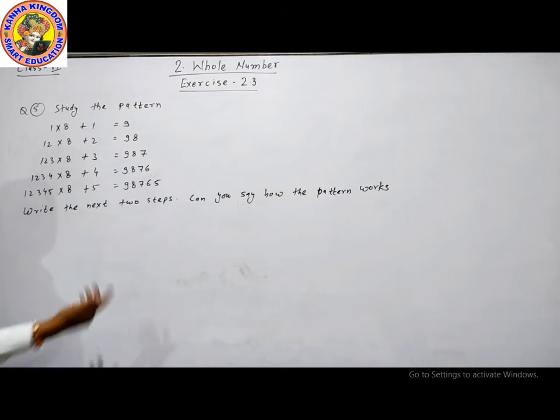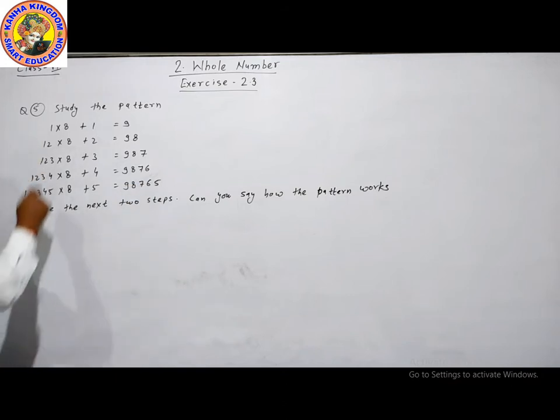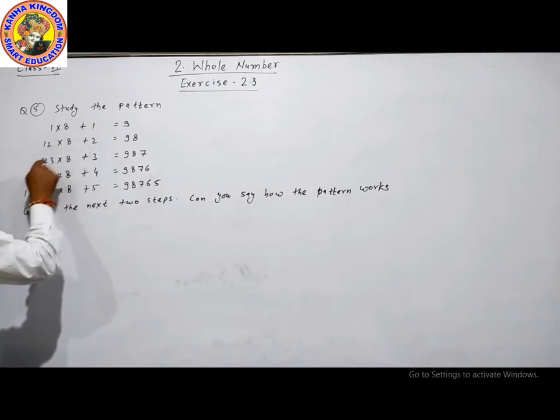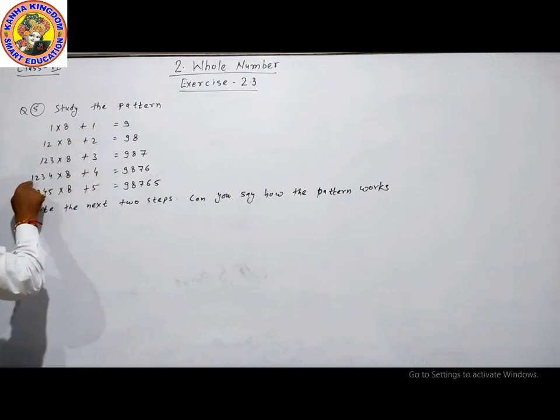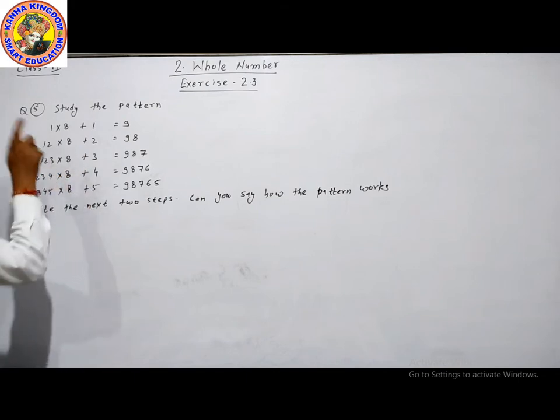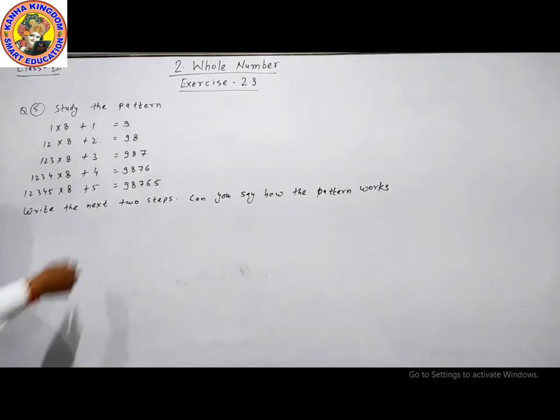98765. Now here 1, 1, 2, 1, 2, 3, 1, 2, 3, 4, 1, 2, 3, 4, 5. Write the next two steps. Can you say how the pattern works?